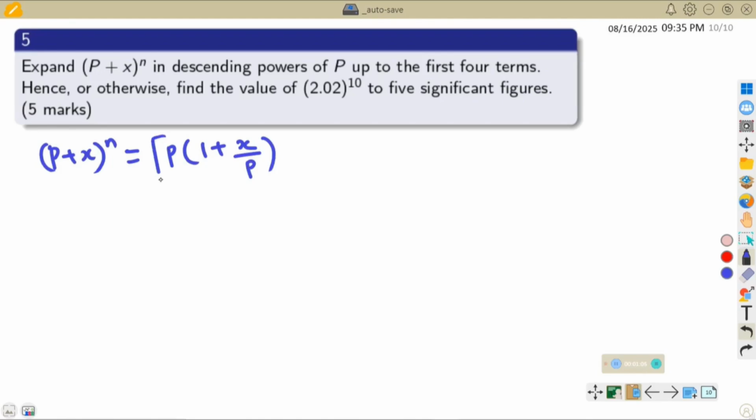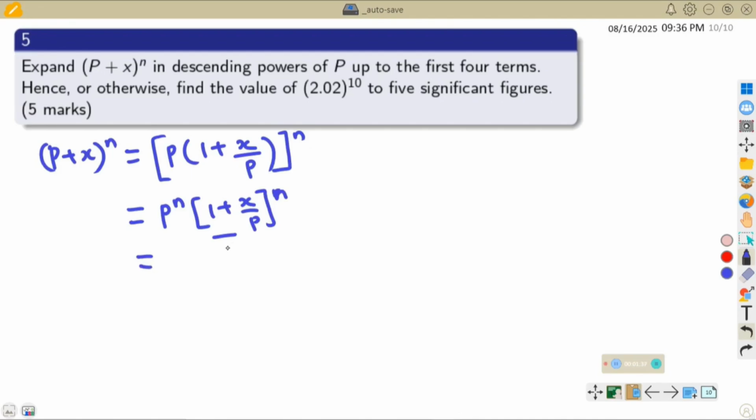So the whole of this one here is to the power of n. So this expression can be written as this. From here, we can simplify this further to have p to the power of n into 1 plus x over p to the power of n. So this is the expression we are having, which we can easily expand using the binomial expansion.